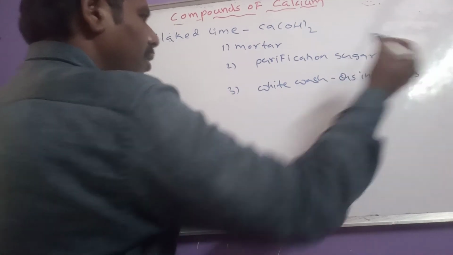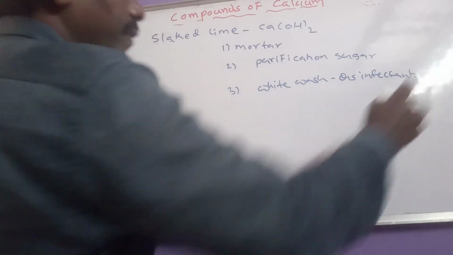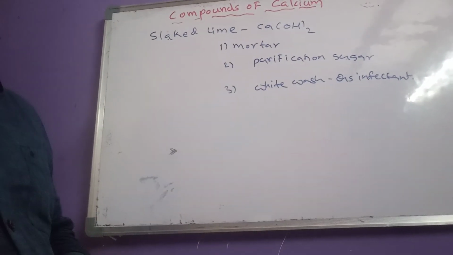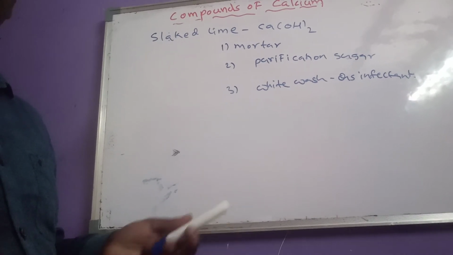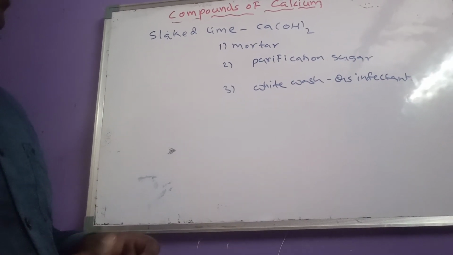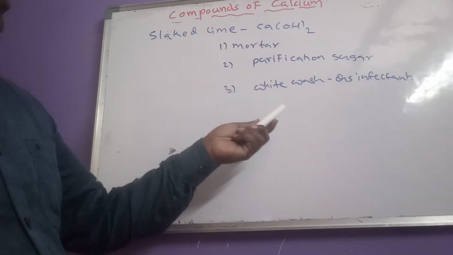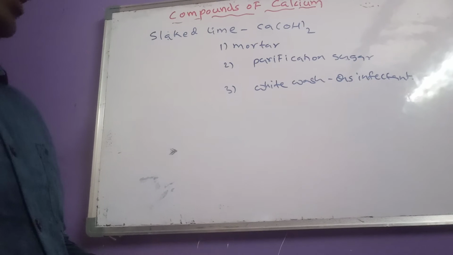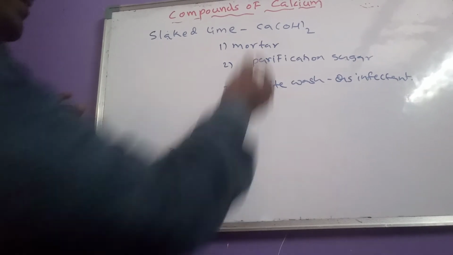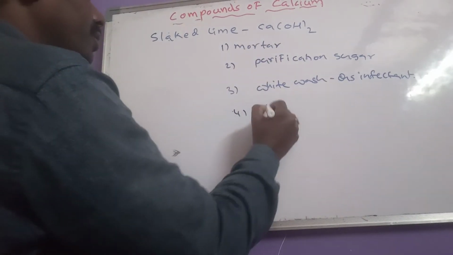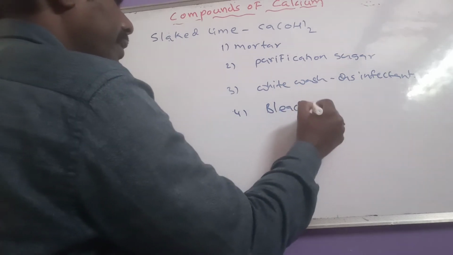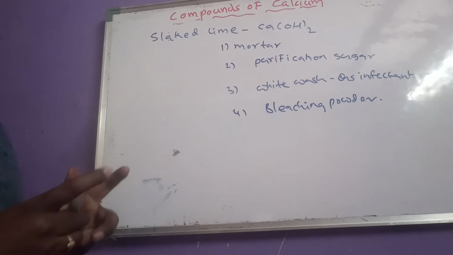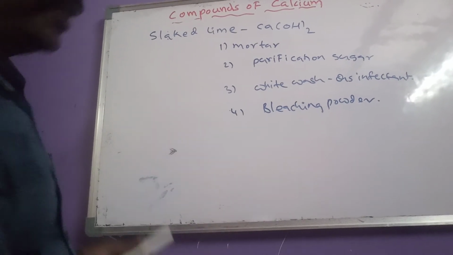This calcium hydroxide has a disinfectant nature, so due to that, it is used as whitewash for buildings. These are the uses of calcium hydroxide, and it is also used in the preparation of bleaching powder. So these are the uses of slaked lime.